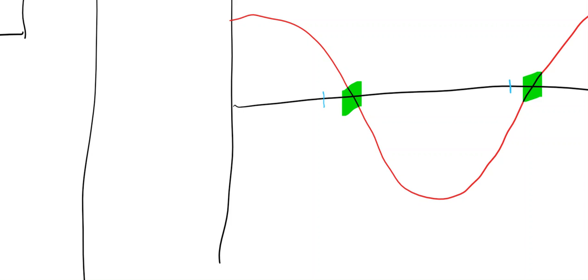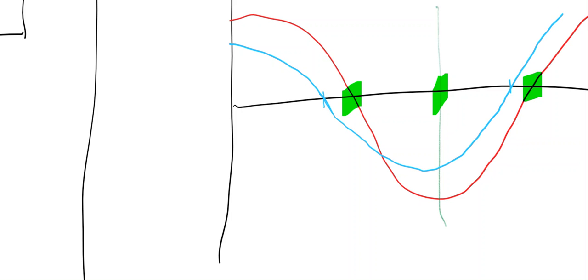Then only we can say current is leading. Similarly, when voltage arrives at its maximum value, current should reach its maximum value sometime before that. With that in mind, current can be shown like this. This gap is our phase difference delta. The more the delta, the more the gap.